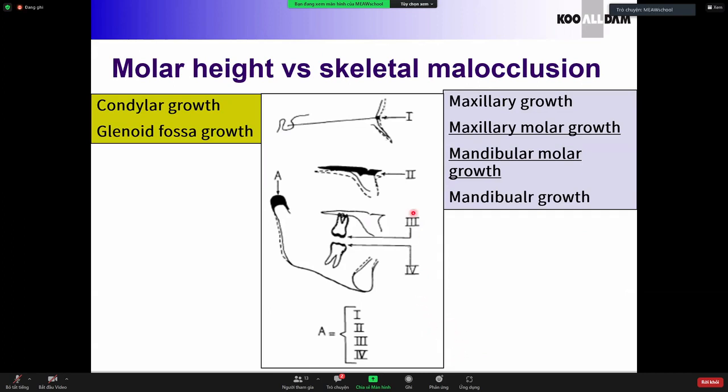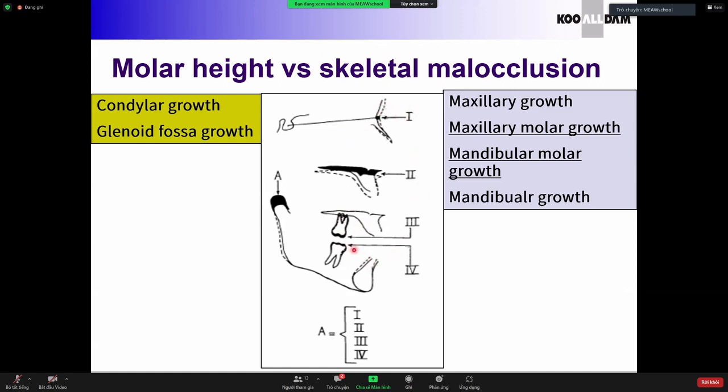As you know this, however, what is the vertical factor, the vertical relation related to class 3 malocclusion? This is the anterior part.